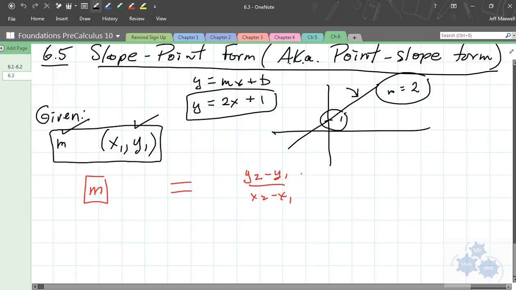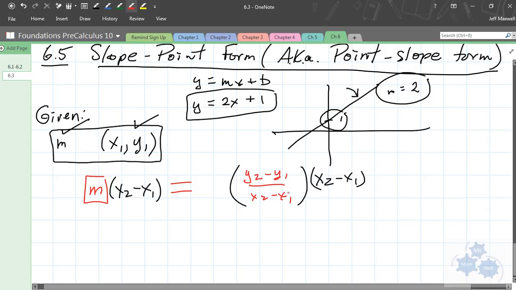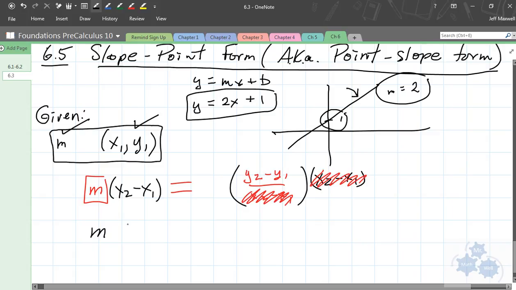Watch what I'm going to do. I'm going to multiply both sides by x2 minus x1. I'm going to take that definition of a slope and multiply both sides by this denominator. And what that's going to do is eliminate the denominator on this side. And what you end up having is this.